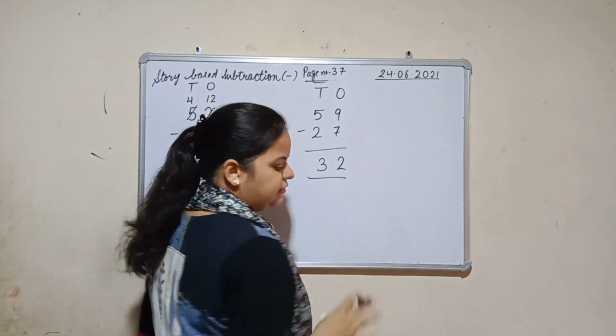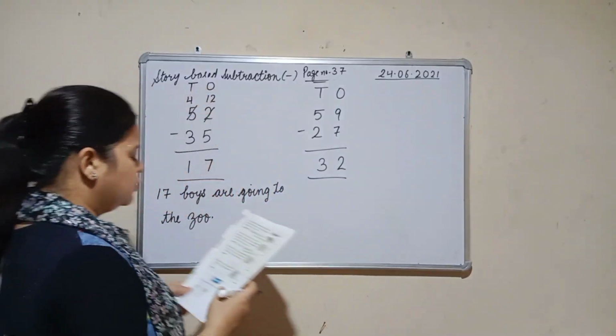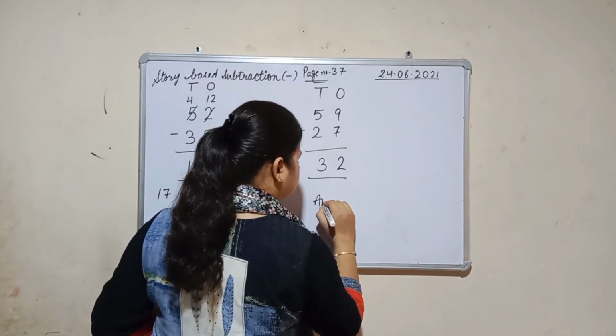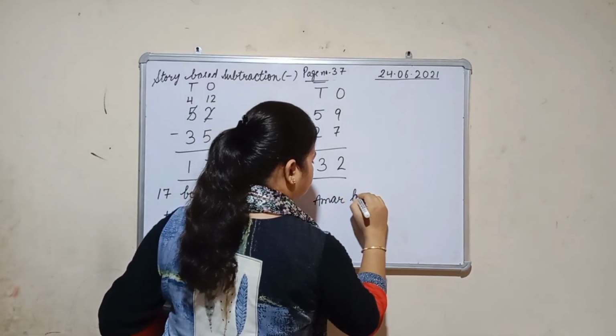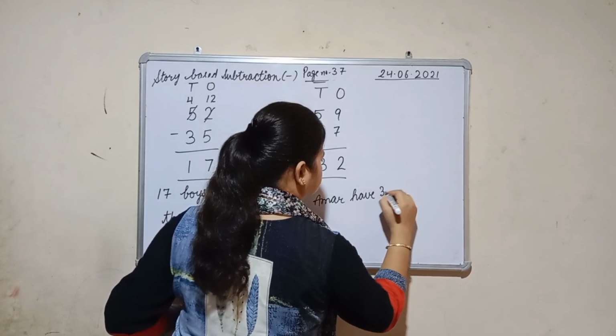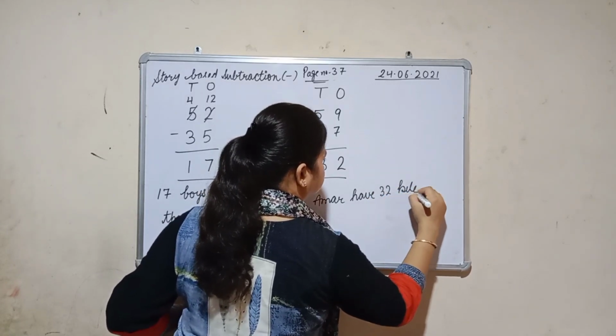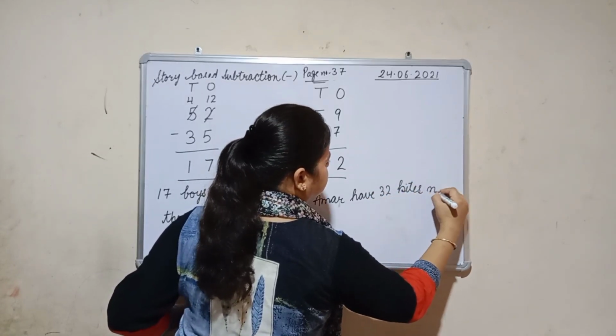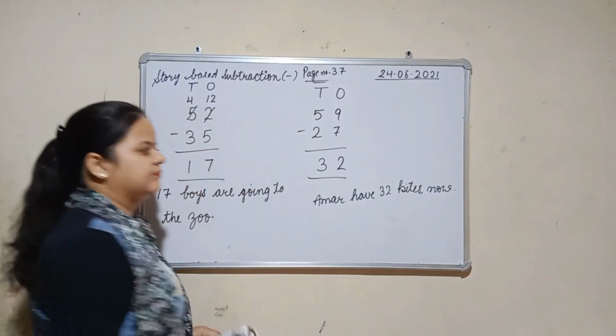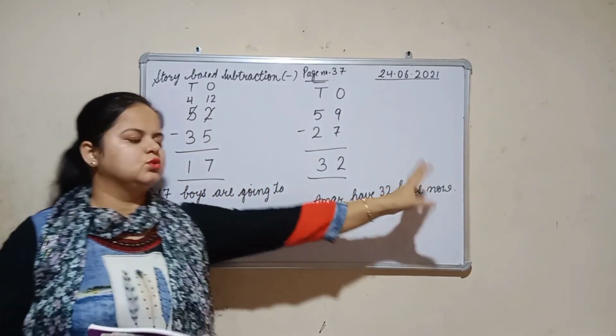He has 32 kites left. Amar has 32 kites now.